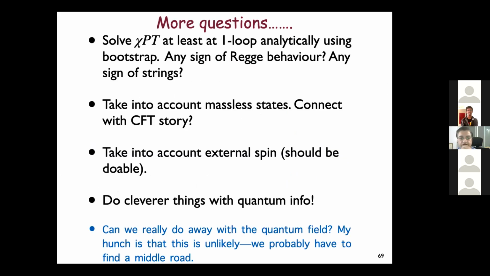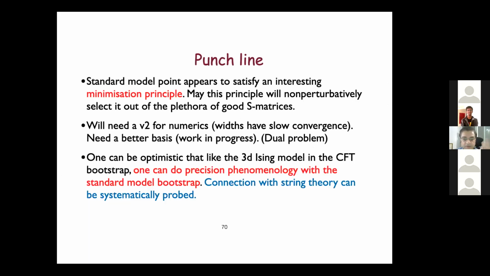There are a whole bunch of other questions, but I've gone way over time, so I will just flash this here. But the punchline is that one should look for a minimization principle, a principle which will isolate the standard model S matrix for us.